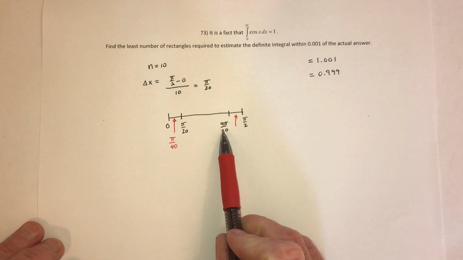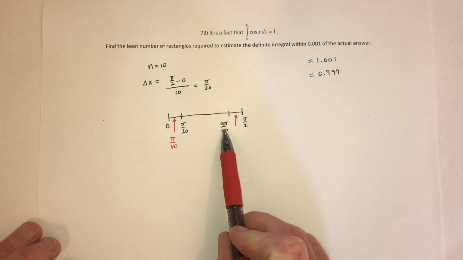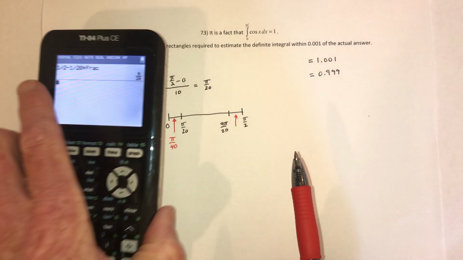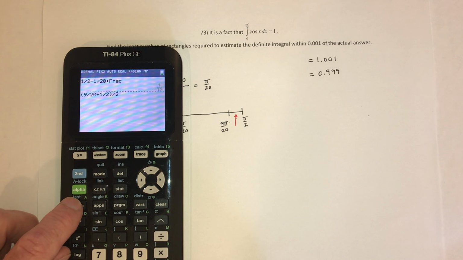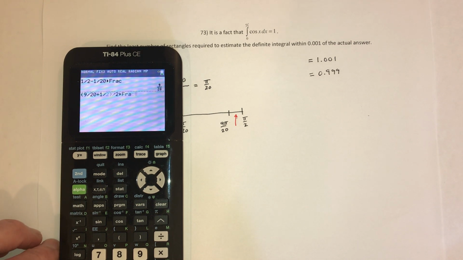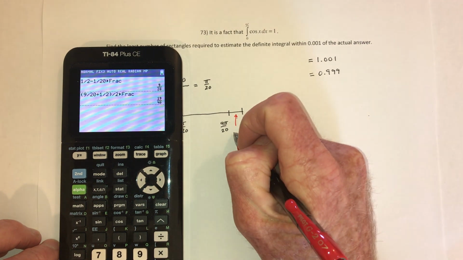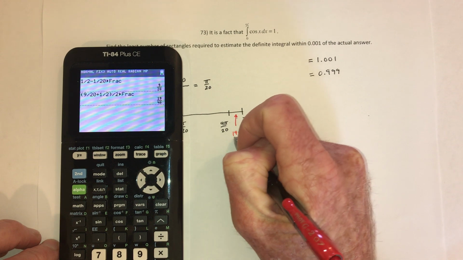So one way to do it is I could average these two numbers, and for that I'm going to leave off the pi for a moment and go, what's the average of 9/20 plus 1/2, add them together and divide by 2. Then change that to a fraction. So that is 19 pi over 40.